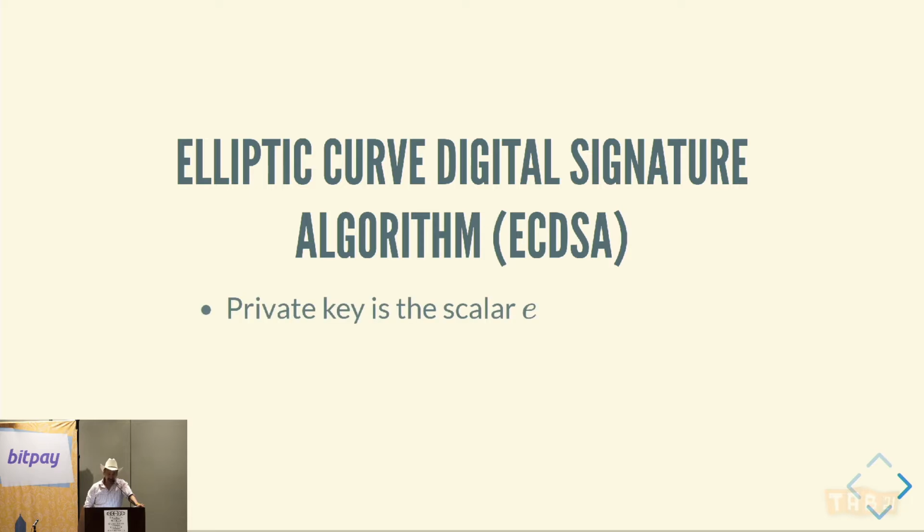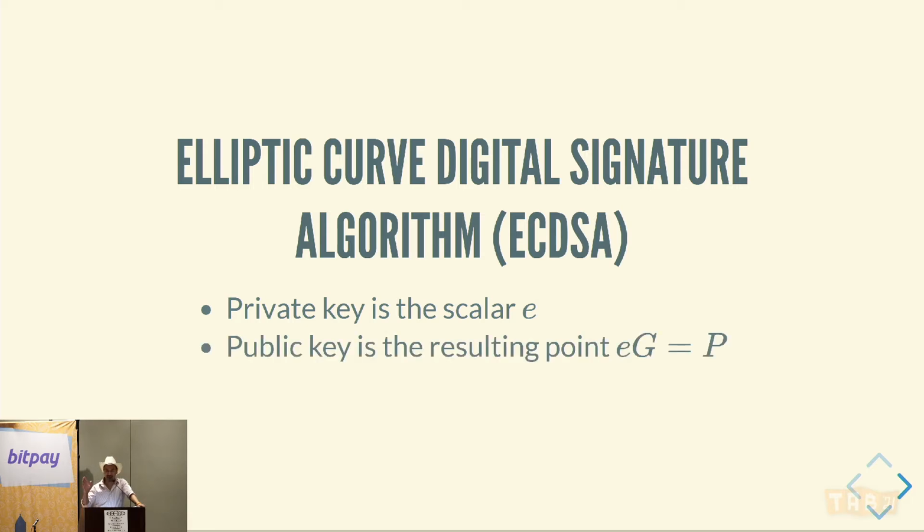But anyway, the way it works is using a private key, which we're going to call e. The private key is a scalar. It's a 256-bit number. This is the secret that you have to keep away from other people. The public key is the resulting point.